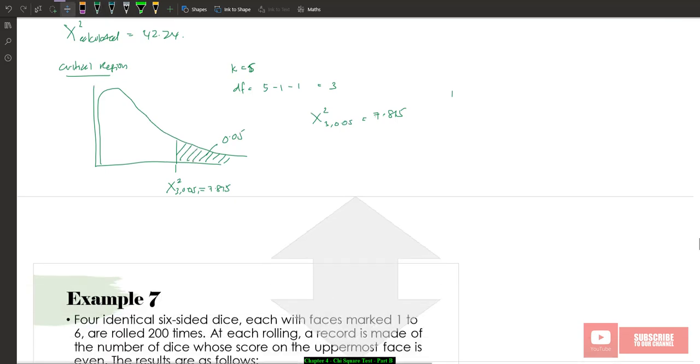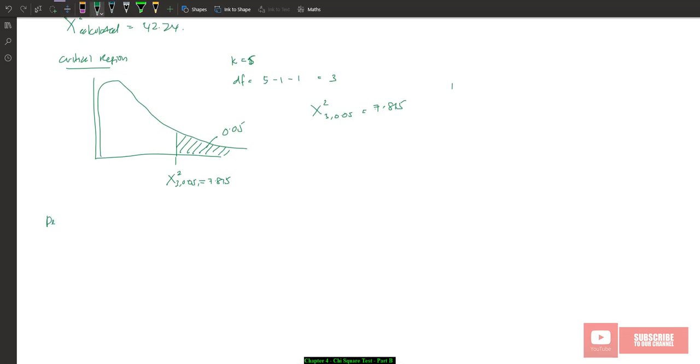So the next step, we need to make our decision. If chi-squared calculated is more than chi-squared 3, 0.05, the null hypothesis is rejected.